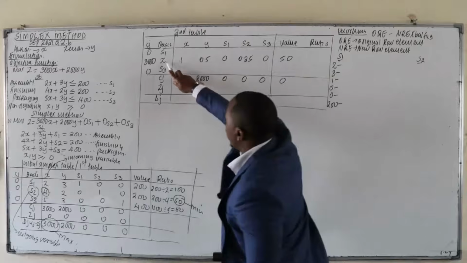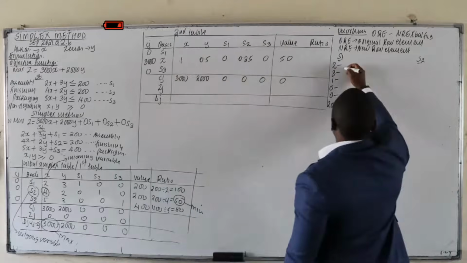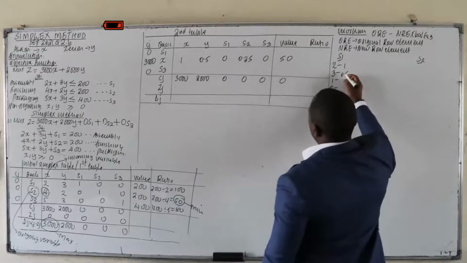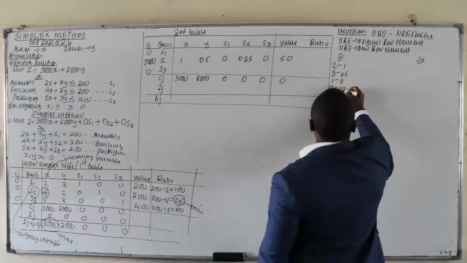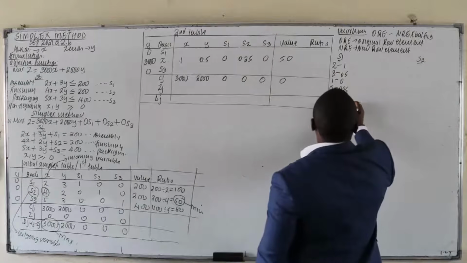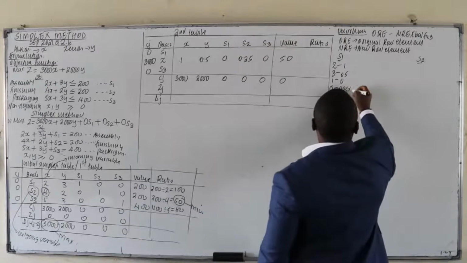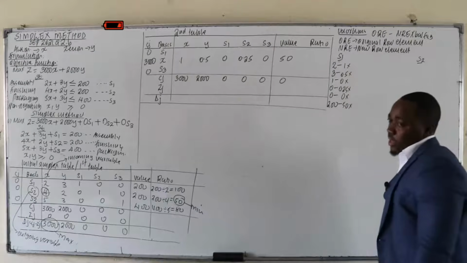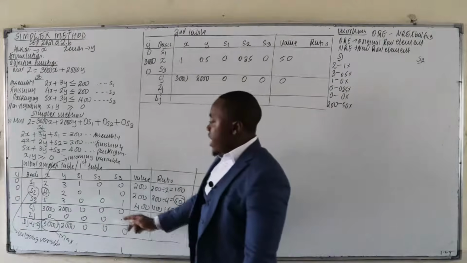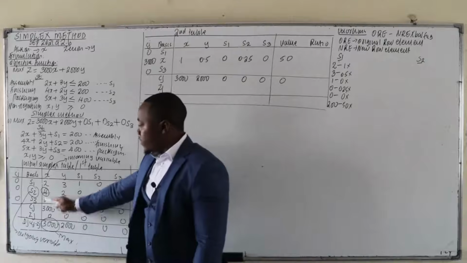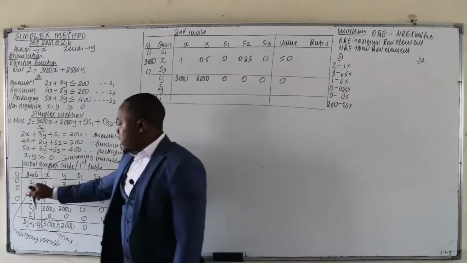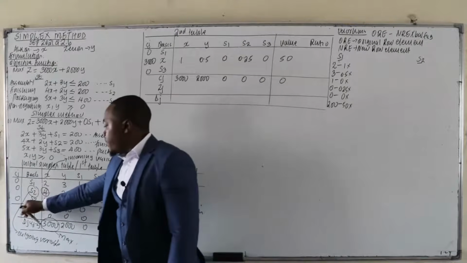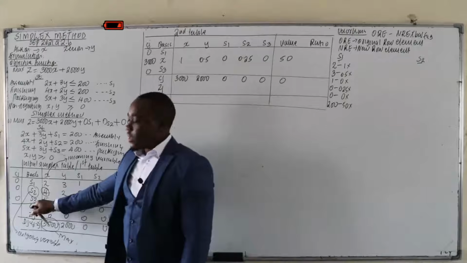Our new row element in the second table is 1, 0.5, 0, 0.25, 0, and 50. Then you multiply by the balancing figure. How do we get the balancing figure? From where we have the pivot, for S1 the balancing figure will be 2. For S3, the balancing figure will be 5.